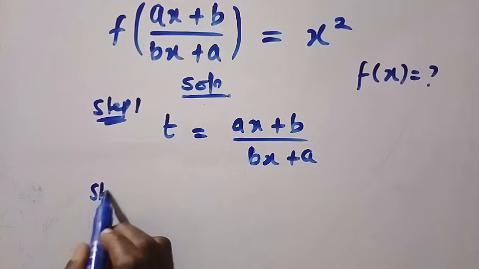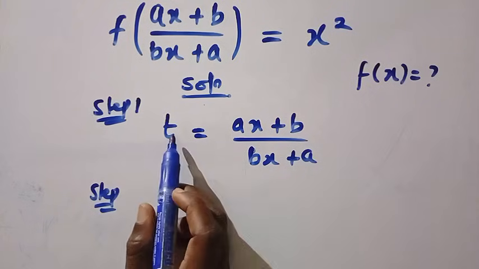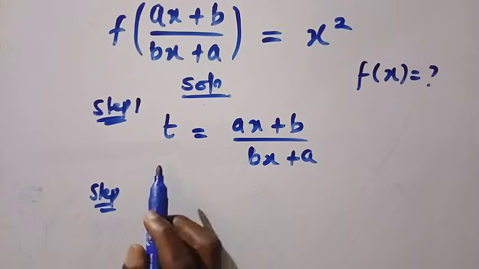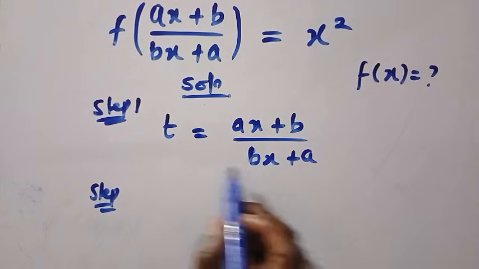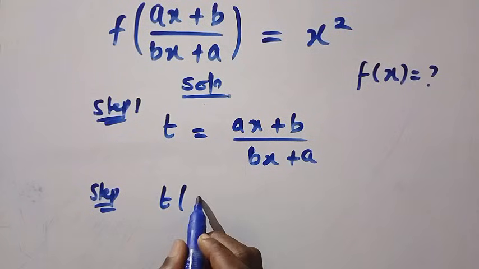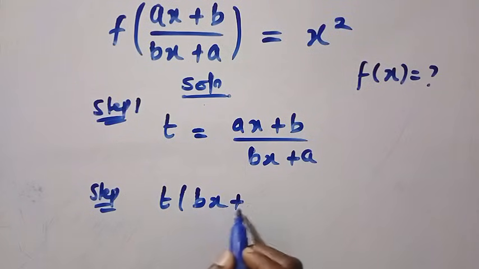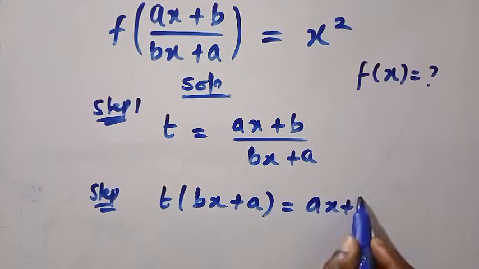In the second step, I want to express x in terms of t, that is, making x the subject of the formula. First, I'm going to cross multiply. We have t(bx plus a) equals ax plus b.